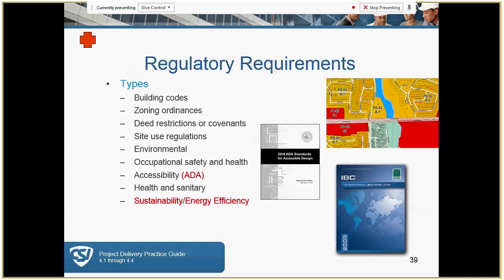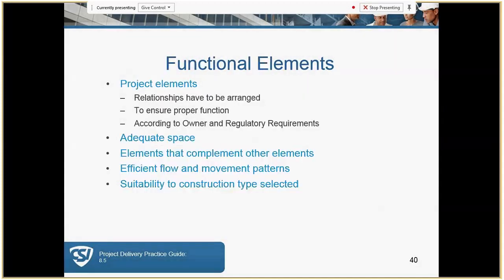I often wonder, it seems like we have to know quite a bit just to get one job done. The functional elements of a project: the relationships between the spaces, relationships to ensure proper function, and working with the owner and regulatory requirements.